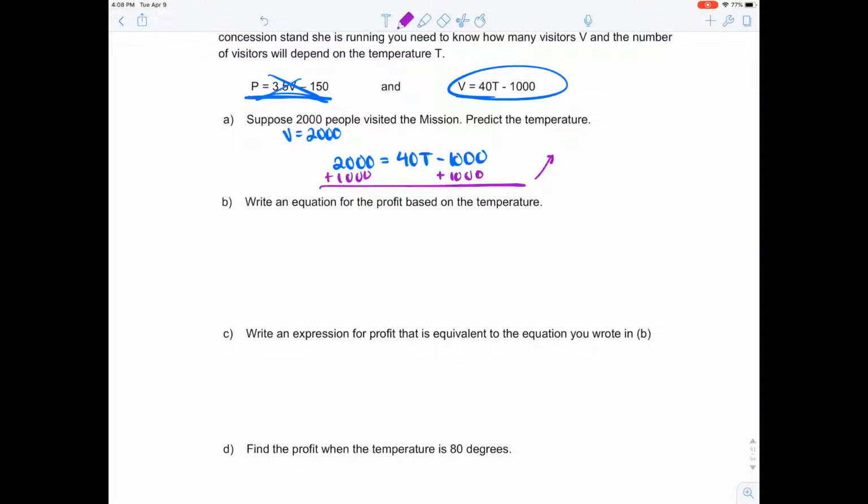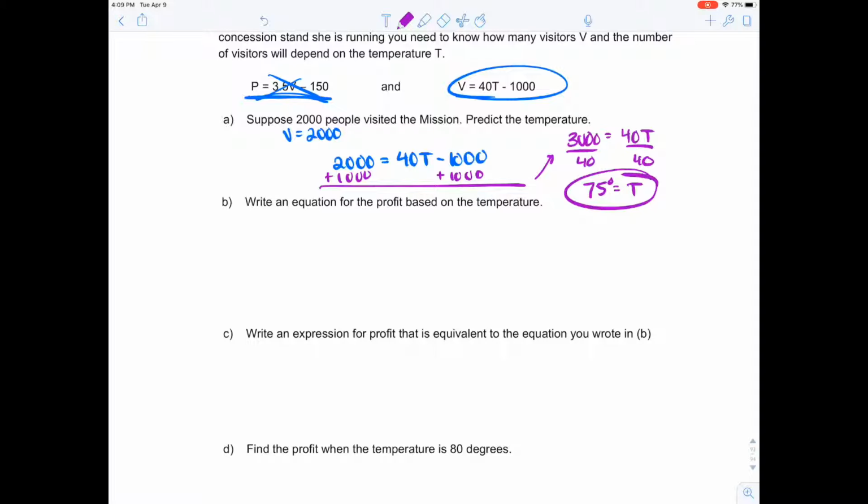Now I have 3,000 is equal to 40 T. I'm going to divide both sides by 40. Let me get my calculator really quick. So I have 3,000 divided by 40. So it looks like the temperature is at about 75 degrees.